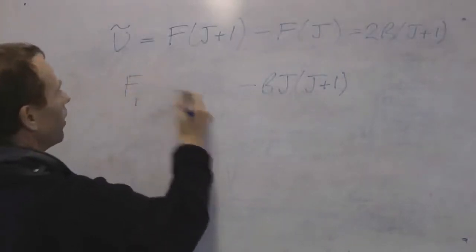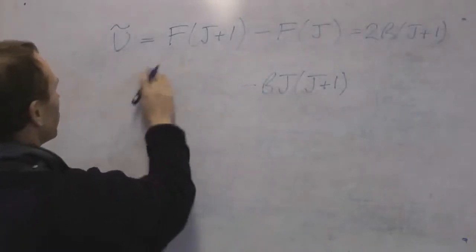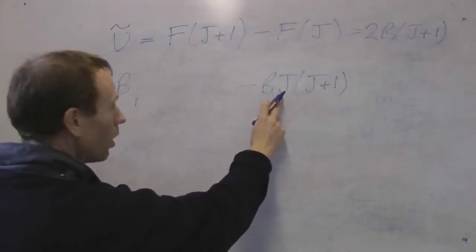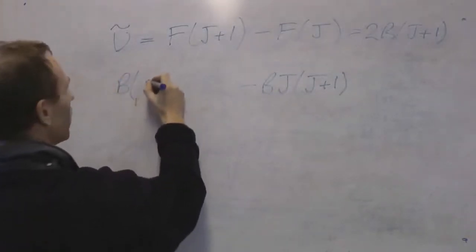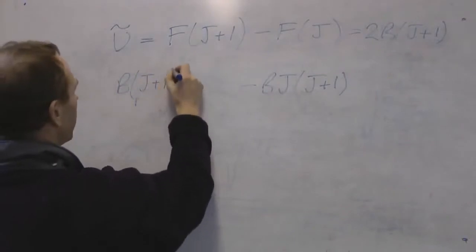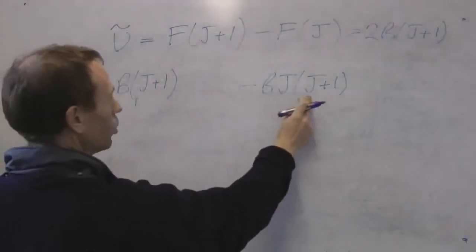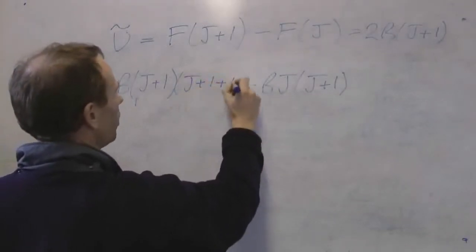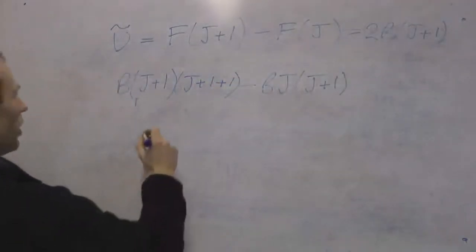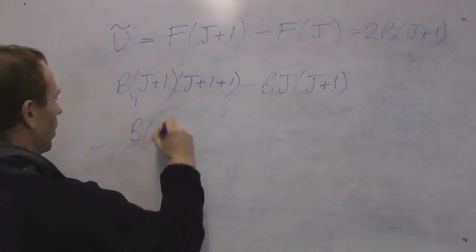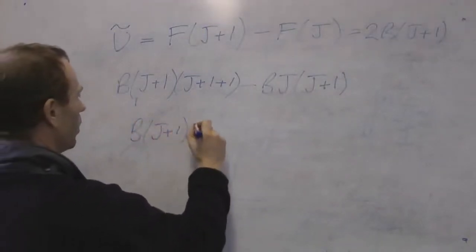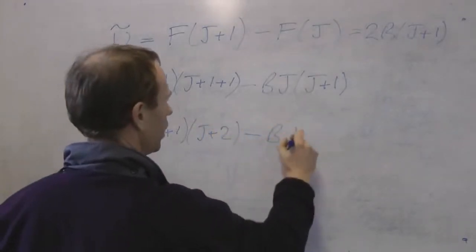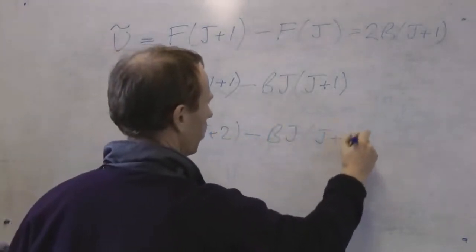F of J plus 1, well, here J is 1 larger than it is here, so we get B, instead of J is 1 larger, so we have J plus 1, multiplied by J being 1 larger, so J plus 1 plus 1. So we now get B(J plus 1)(J plus 2) minus BJ(J plus 1).